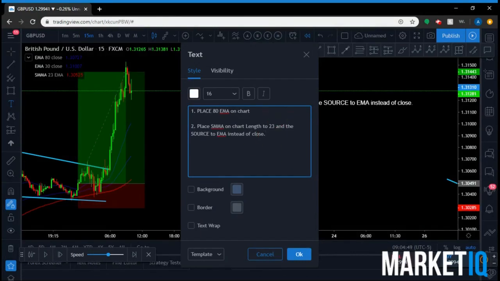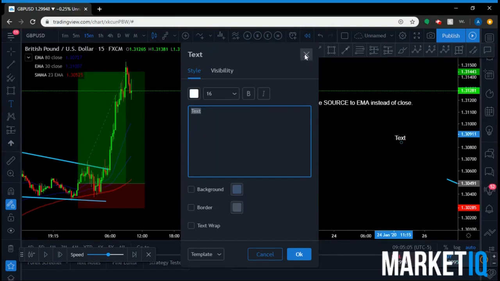And what this will do is instead of smoothing out the last 23 bars of data, it's going to smooth out the average, the 80-day average of 23 bars of data.